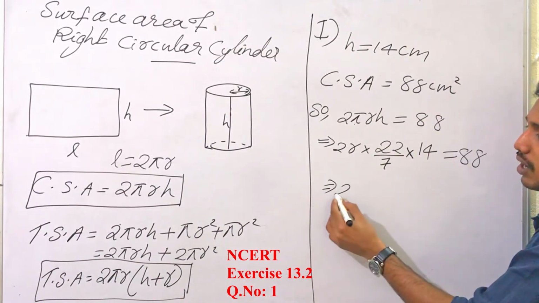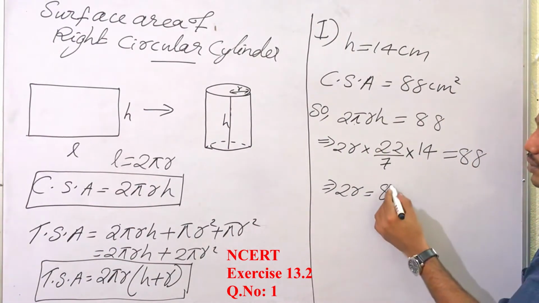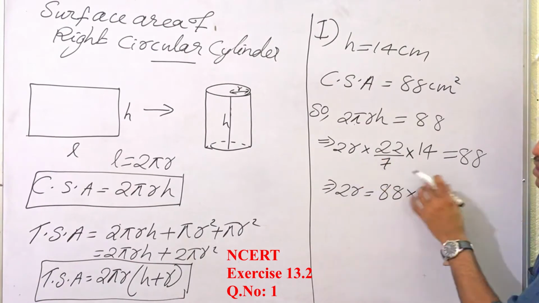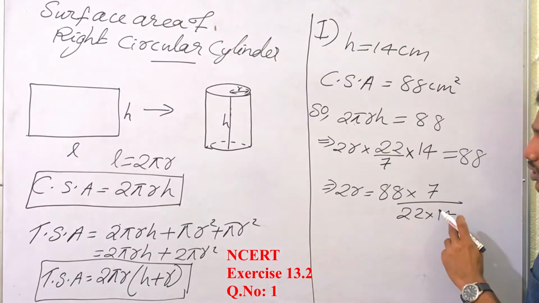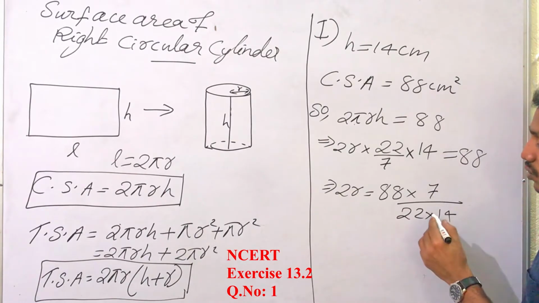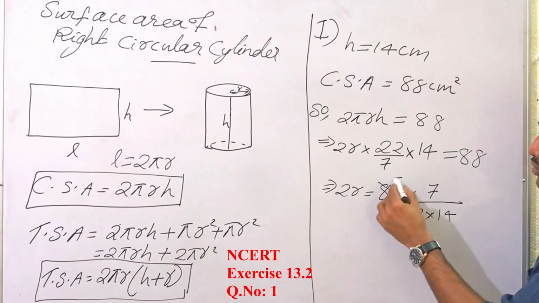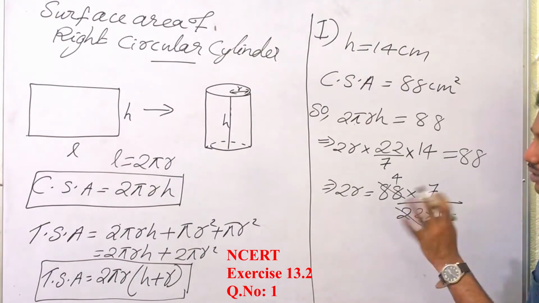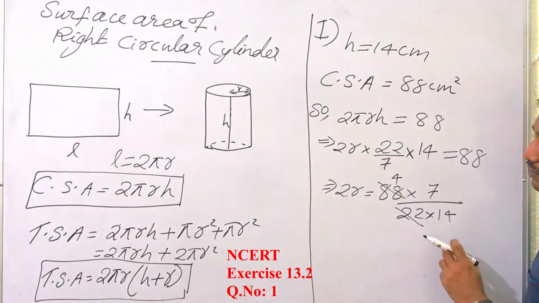That implies 2r is equal to, all these quantities taken to the right side: the numbers on denominators will be on numerator and the numbers on numerator will be on denominator. So what will we get? 88 by 22 will be 4. 4 into 22 is 88. Cancel by 22.